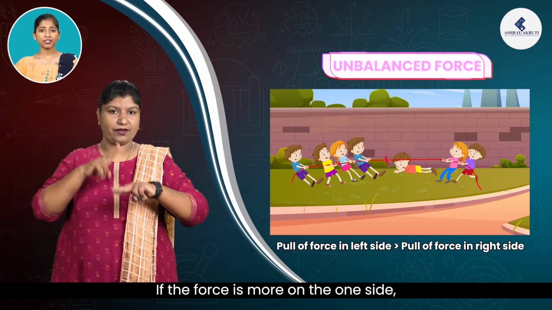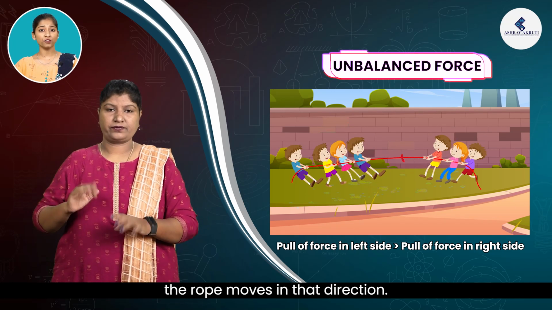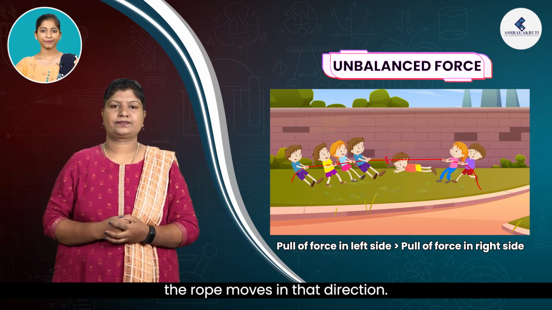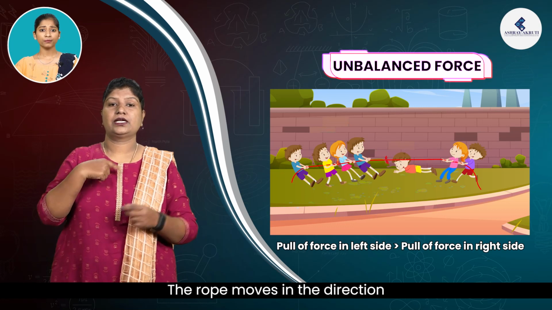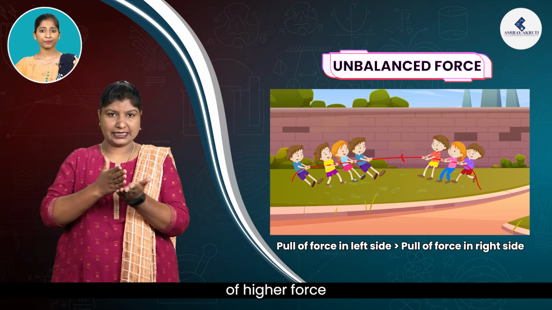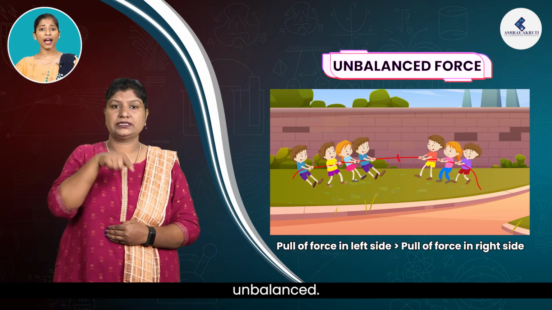If the force is more on the one side, the rope moves in that direction. The rope moves in the direction of higher force when the forces become unbalanced.